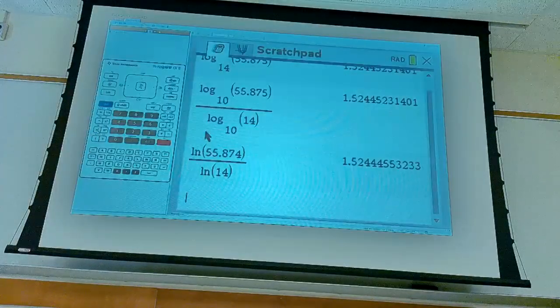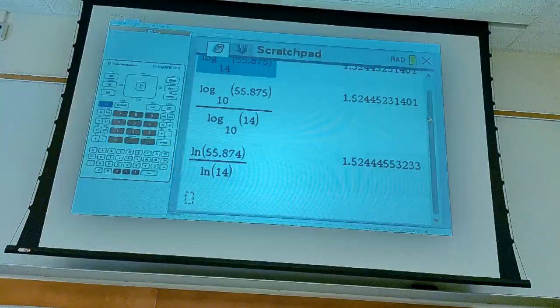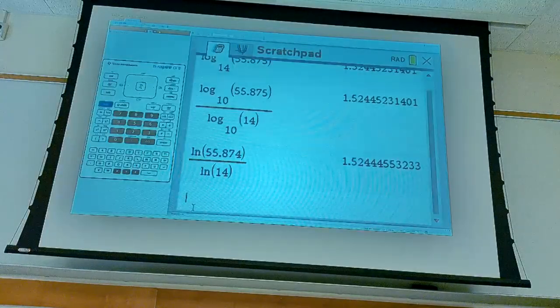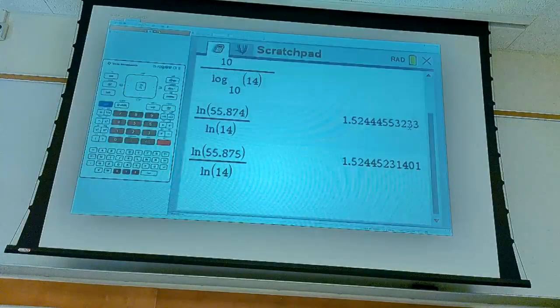Uh-oh. What happened? That's not good. Oh, okay, I see what I did. I accidentally did 55.874 instead of 55.875. Whoops. Let's fix that. There we go. I don't think there's a way I can just get rid of this, can I?